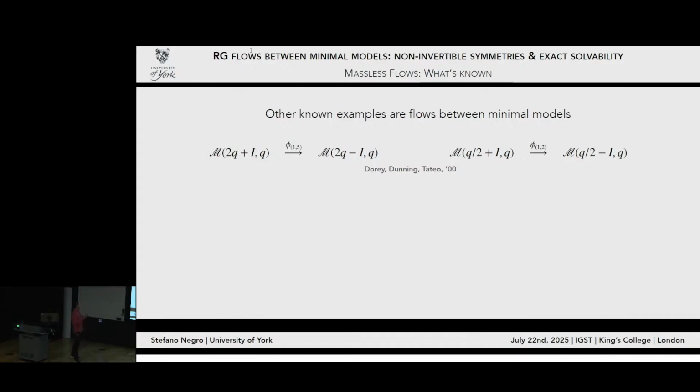So this is an example, but we have other examples. Dorey, Dunning and Tateo in 2000 showed that you can control, using integrability, two types of flows, the flows induced by the field phi 1,5 and by the field phi 1,2, and they interpolate between these classes of minimal models in this way.